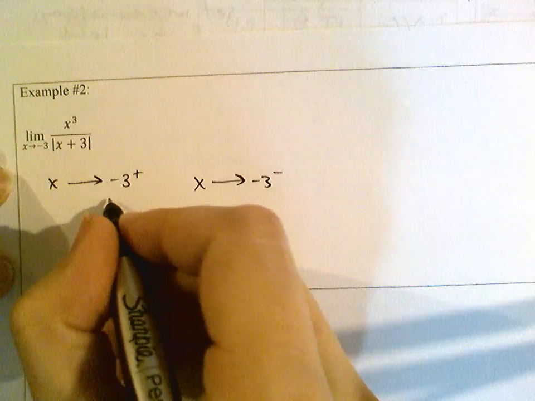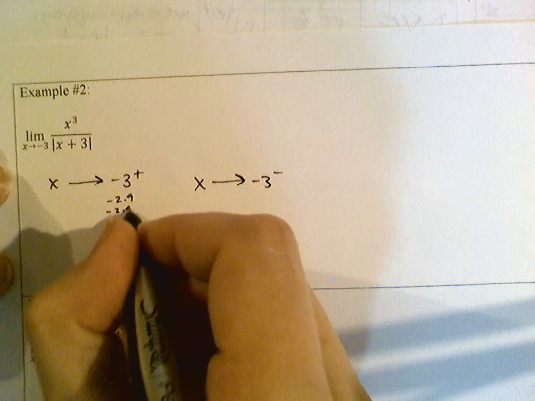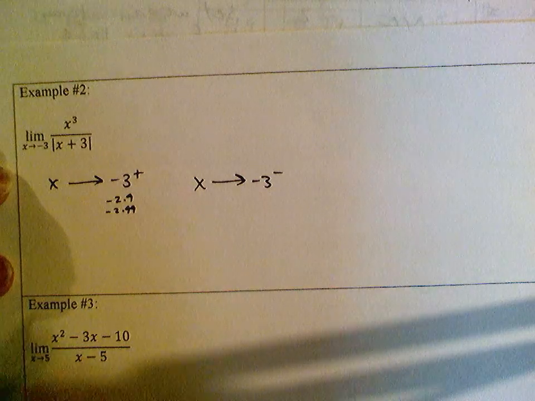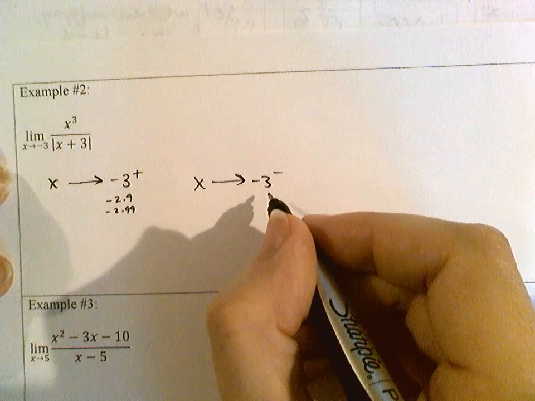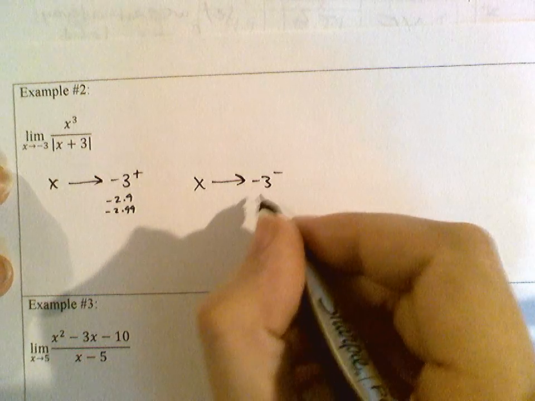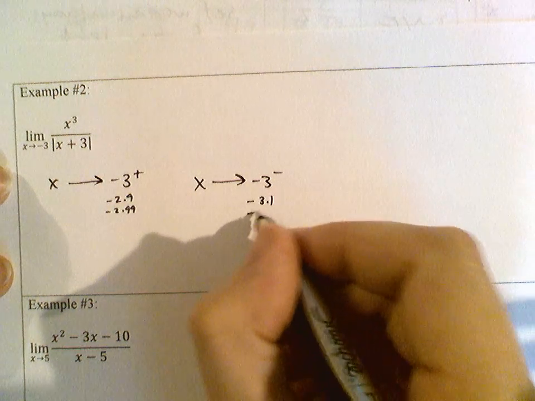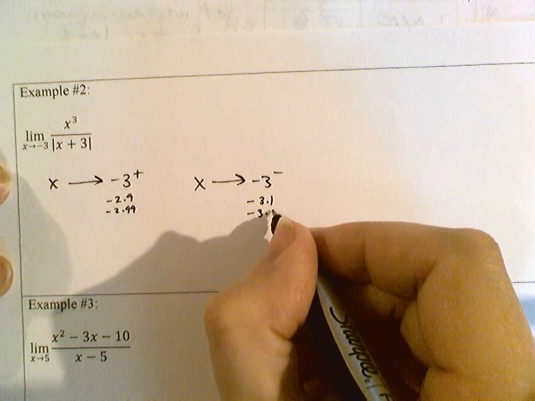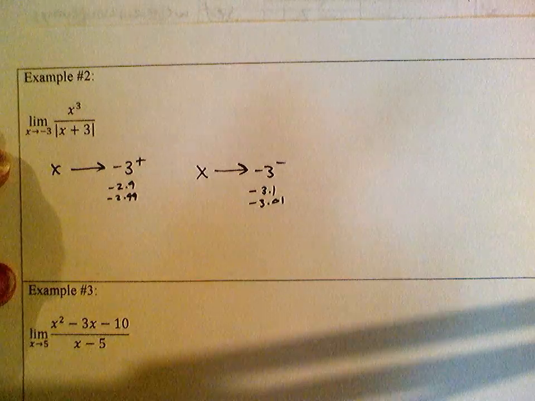So like negative 2.9, negative 2.99, etc. And then from the left, negative 3.1, negative 3.01, etc., getting closer and closer.